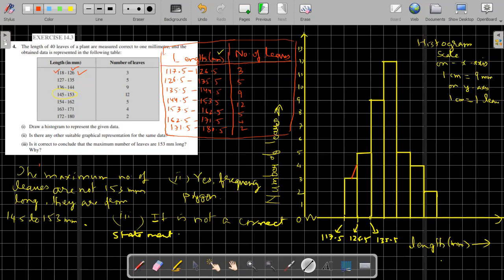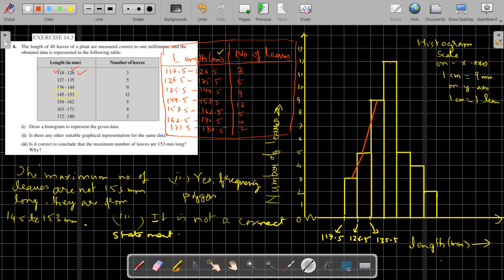This midpoint is joined with the next midpoint, and so on.